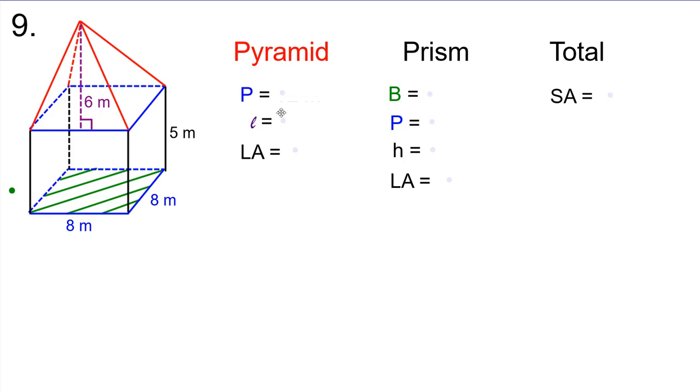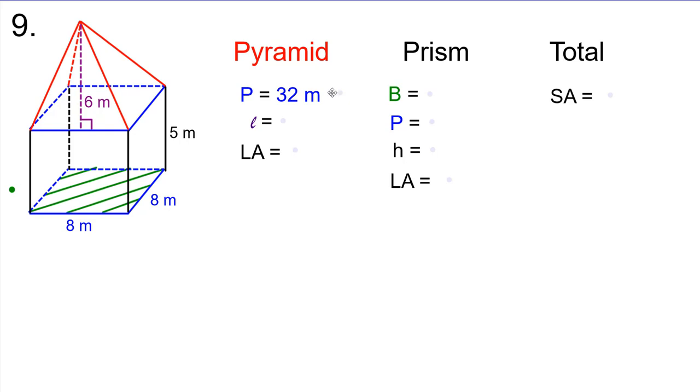So what is our perimeter? So we have 8 and 8, so 8 times 4, so it's going to give us 32 meters. So 32 meters is our perimeter. Notice that's the same perimeter for the pyramid as for the prism, right? Because those are going to be exactly the same. Okay. All right.